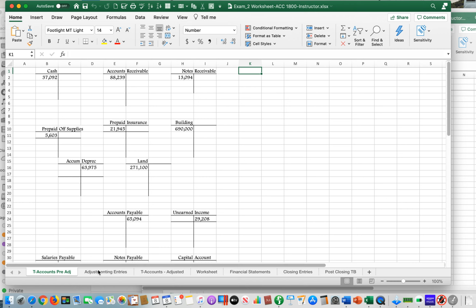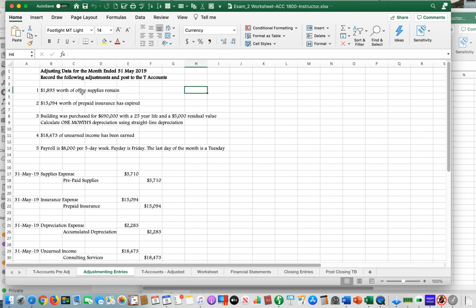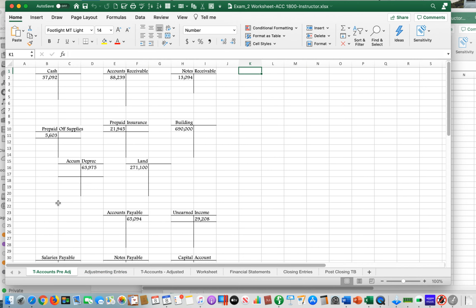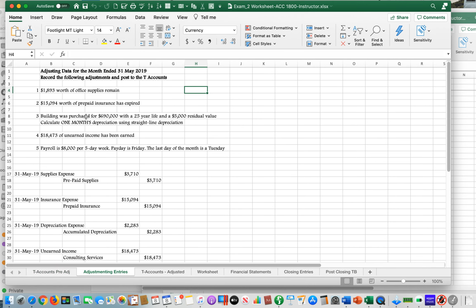At the end of the month, $1,893 remain. So if you start out with $5,603 and you end up with $1,893 left, you must have used the difference. And the difference is $3,710. You must have used that much. You start out with $5,603. You end up with $1,893, so you must have used $3,710.